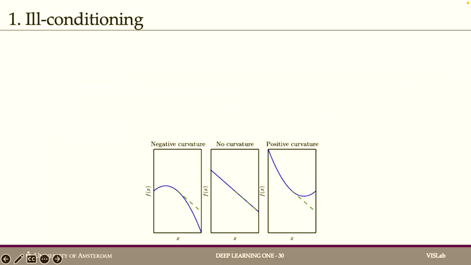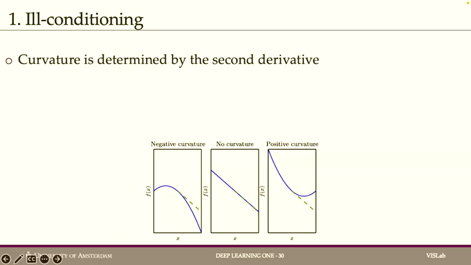And the Jacobian, much like its equivalent of the second derivative in the 1D case, describes how the first derivative is changing. So you can see in the middle picture, it has a negative first derivative, right? The slope is going down, but the first derivative stays like that. So the second derivative is zero, hence no curvature.